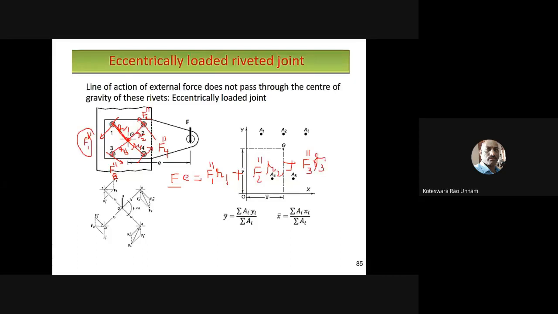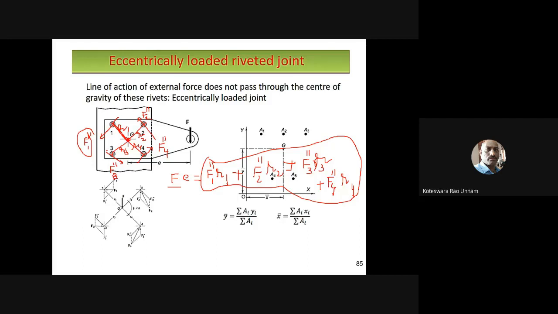For the fourth rivet it is F4 double dash into R4. Therefore this is the total twisting moment created by all 4 rivets. Suppose instead of 4 I have 5 rivets or 6 rivets or 10 rivets, let us say n number of rivets. For all n rivets I need to follow the same process.